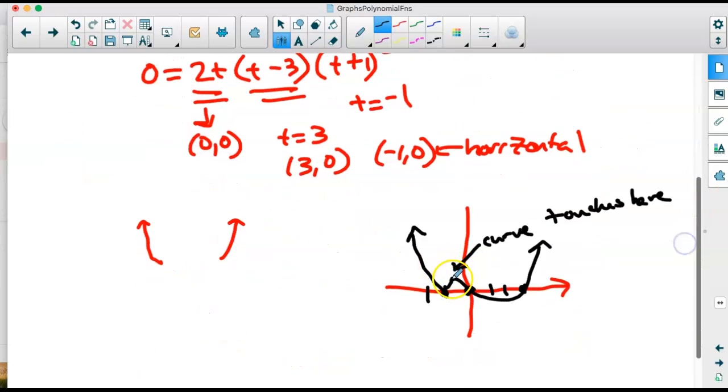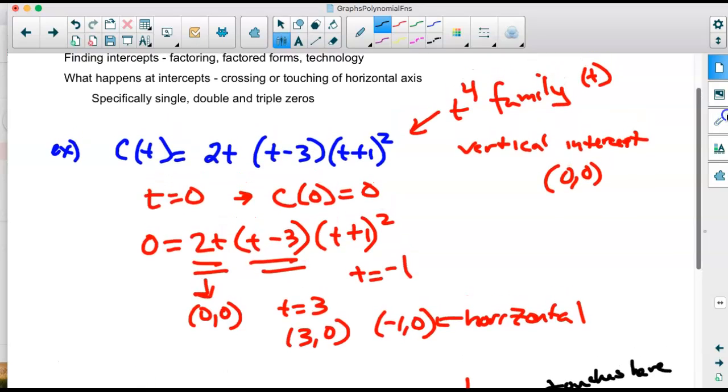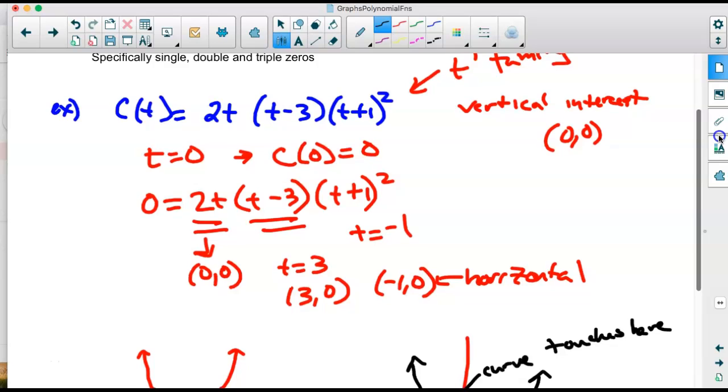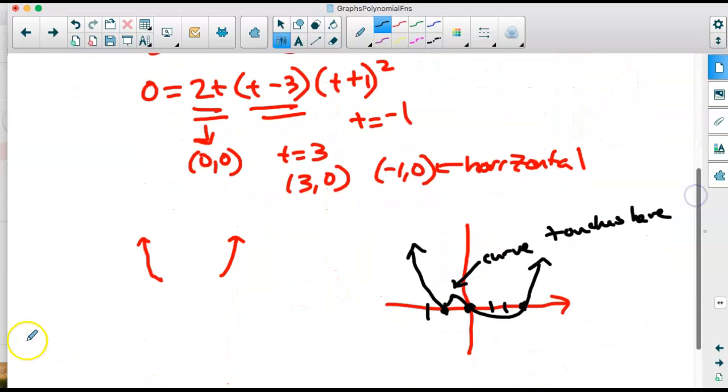The other ones are going to be somewhere between -1 and 0. There's going to be a maximum, and between 0 and 3, there's going to be some kind of minimum. Because we know that in general it goes upward, because of that family of graphs that we're dealing with here. Okay, so that's what that looks like.